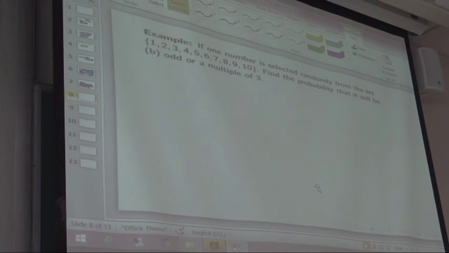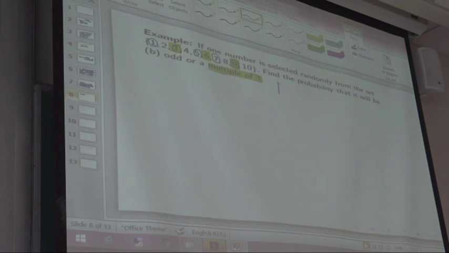So let's do the same thing from 1 through 10. Part B: the set is an odd number or a multiple of 3. If we count that, the odd numbers are 1, 3, 5, 7, 9, and the multiples of 3 are 3, 6, 9, right?